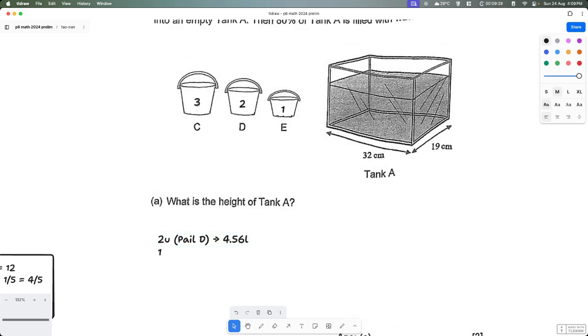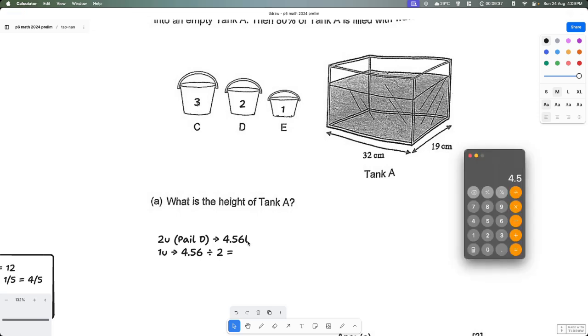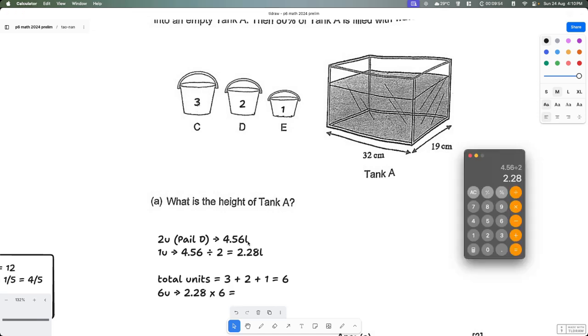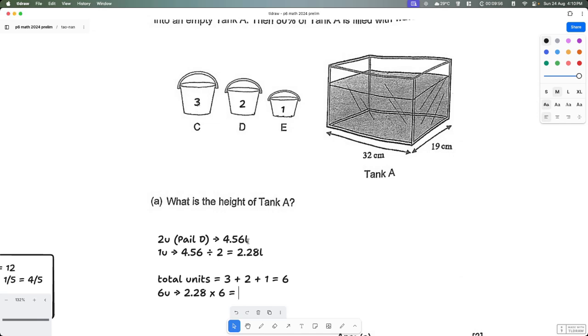Let's get 1 unit, which is equal to 4.56 divided by 2, giving us 2.28 liters. Total units is equal to 3 plus 2 plus 1, which is 6. So 6 units is equal to 2.28 times 6, which is 13.68 liters.